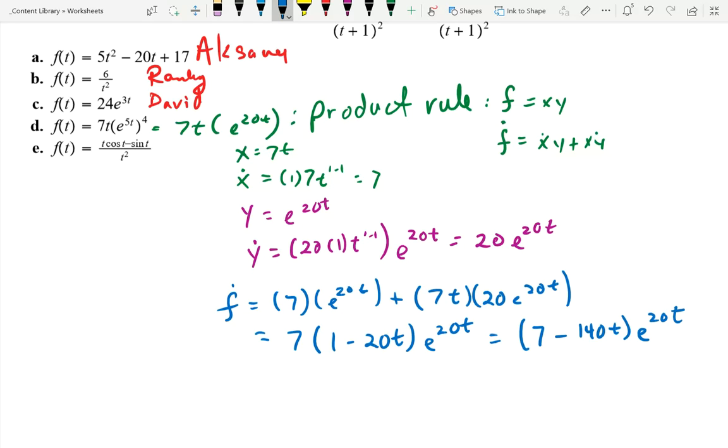Right, either one of those means the same thing. The second one is probably simpler to write.